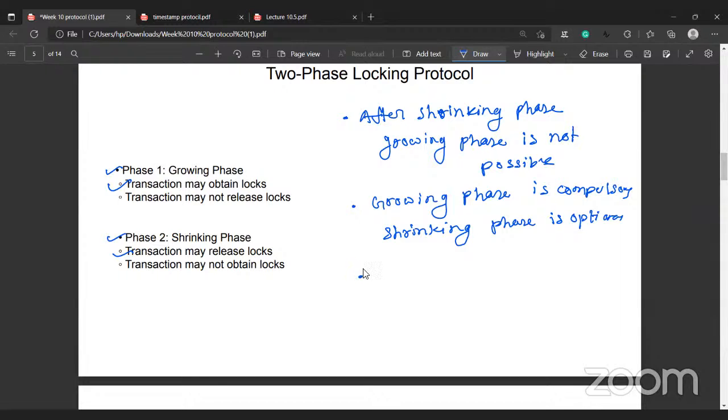And a very important one: the two-phase locking protocol always ensures conflict serializability.